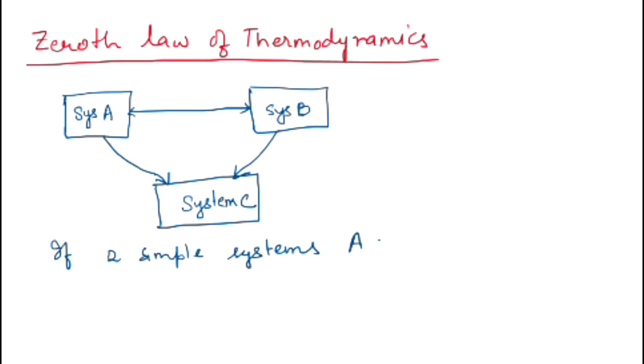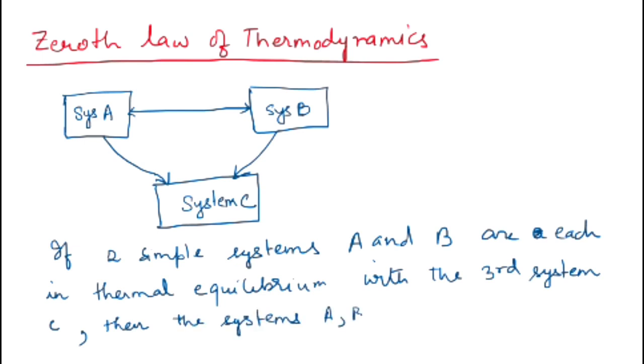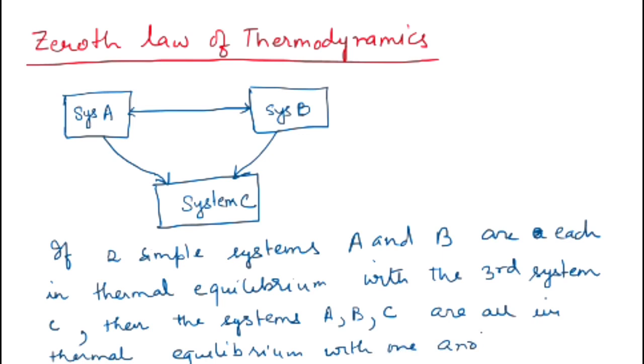Therefore, the zeroth law states that A and B will also be in thermal equilibrium. That means all three systems A, B, C are in thermal equilibrium with each other. So the zeroth law of thermodynamics states that if two simple systems A and B are each in thermal equilibrium with a third system C, then the systems A, B and C are all in thermal equilibrium with one another.